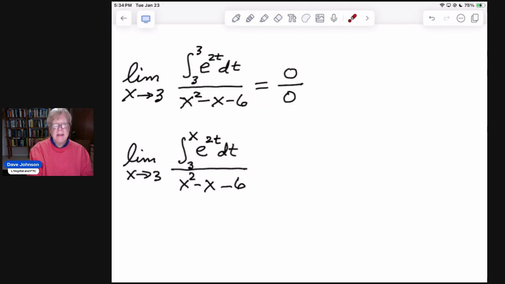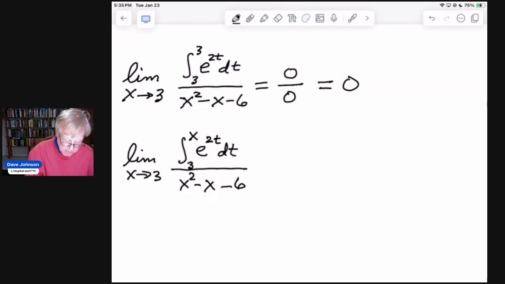And in fact, the limit as x approaches 3, whether from the right or the left, is going to be 0. And so really this limit is 0. Okay, so now this is a different problem. It has a very different behavior. It has a different limit. Okay, so let's look at this.